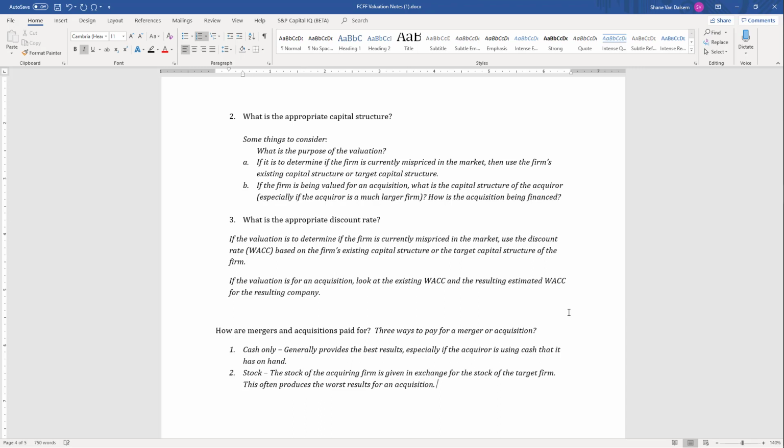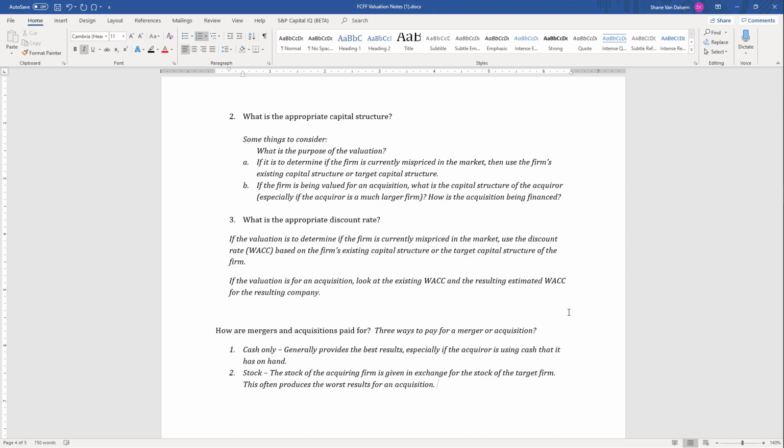If you are a stockholder in a company being acquired and they're exchanging shares of stock for your shares of stock, in general, not always, but in general, the best thing you can do is sell that stock as soon as you get it.